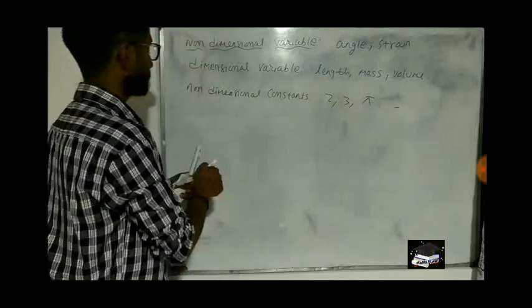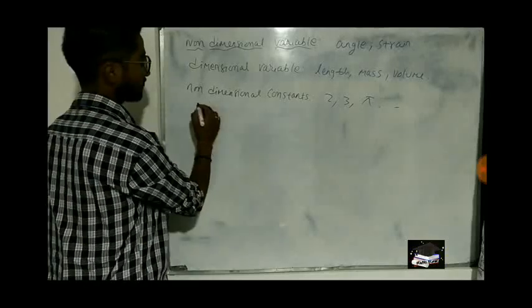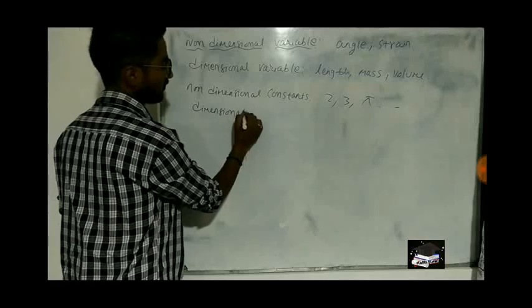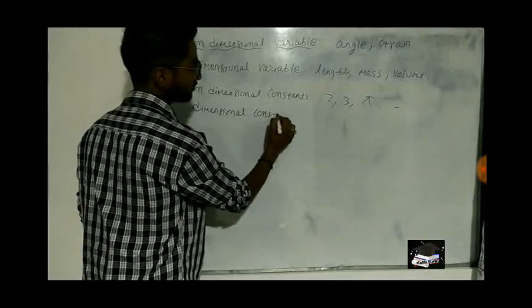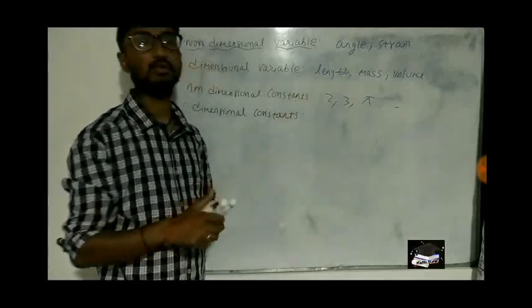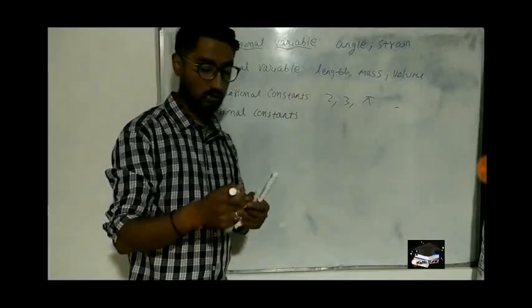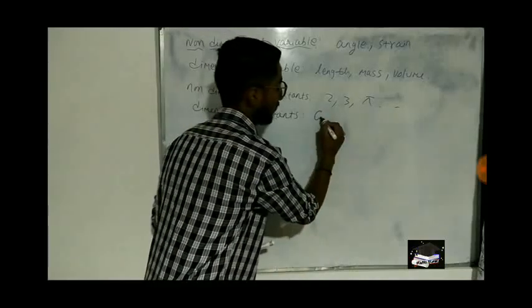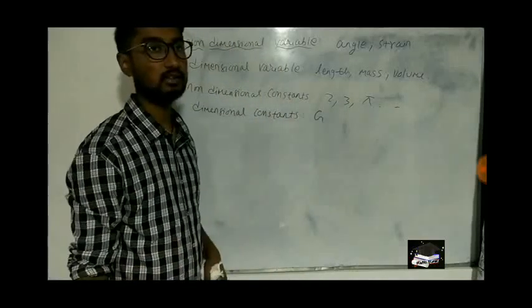The last one we have is dimensional constants. The constants which have dimension. First of all, let us give the example which you have already studied in class 9. I hope you remember this, gravitational constant.